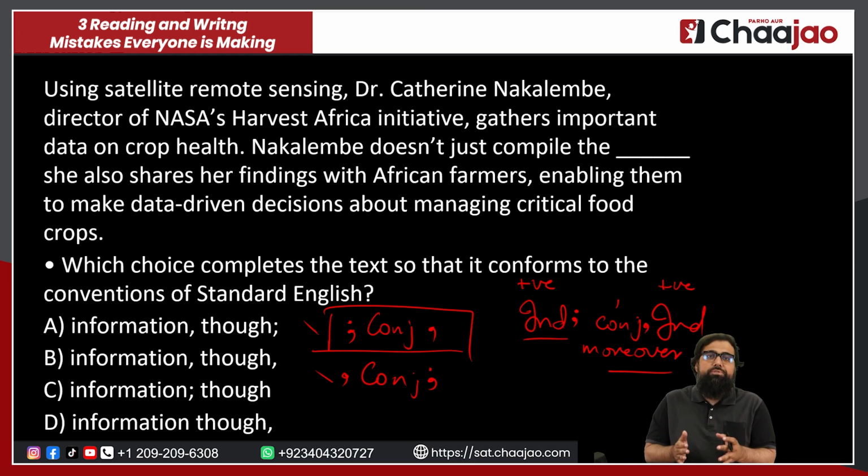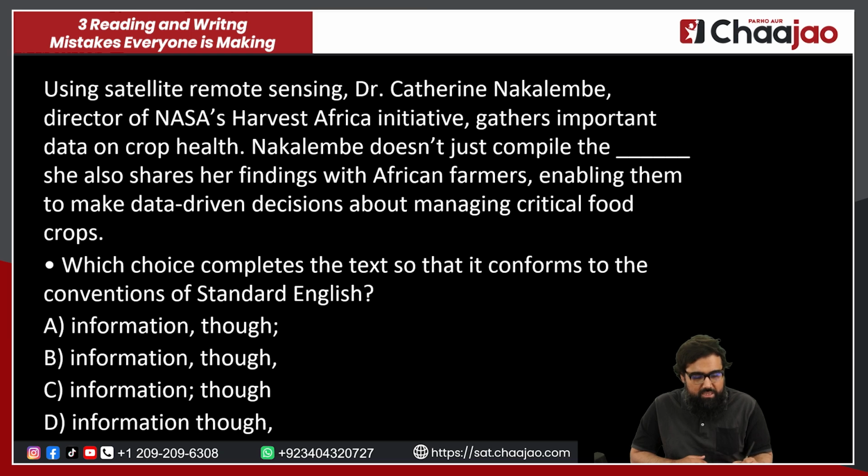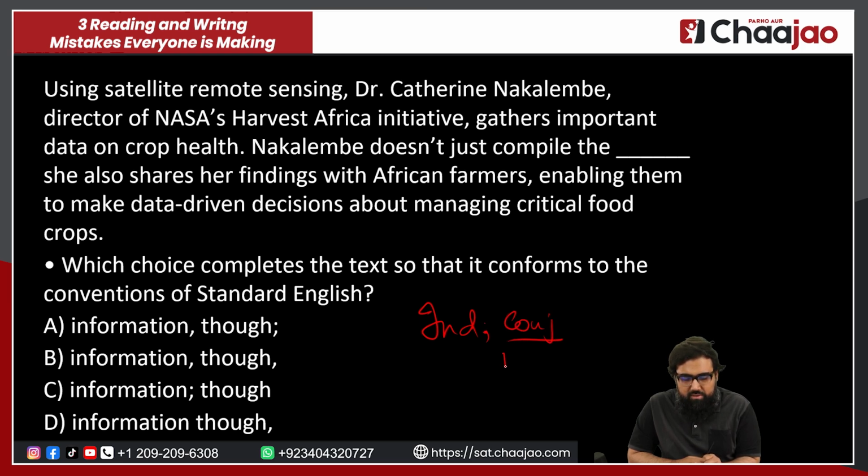But if the two sentences are not in sync, if the two sentences are not in line, so for example, if you have your moreover over here, but the second sentence is a bit different. If you have two independent sentences, and you have a conjunction which is, for example, moreover, and you have a second independent sentence as well.